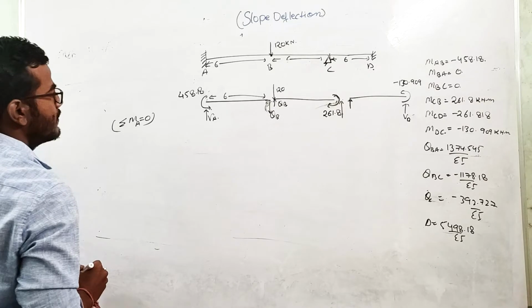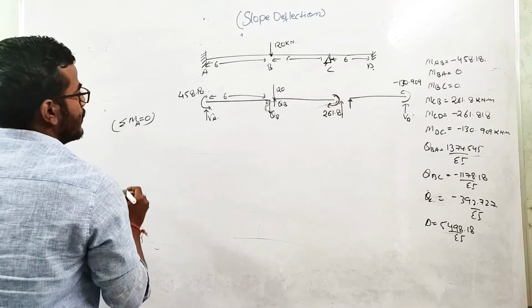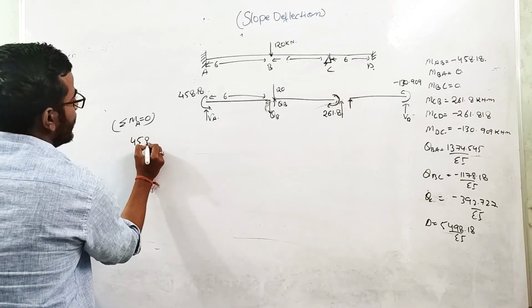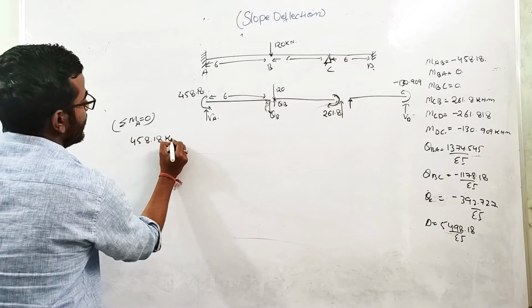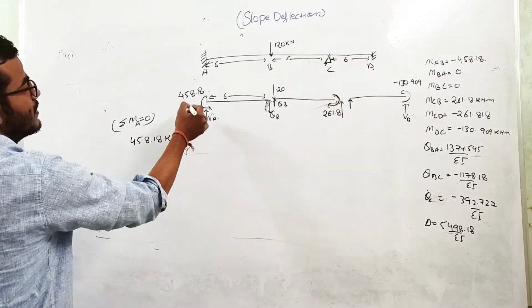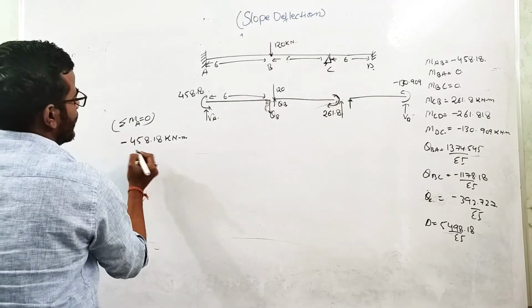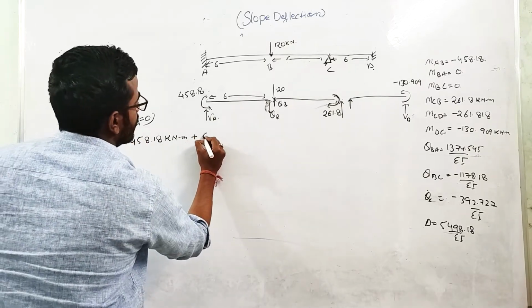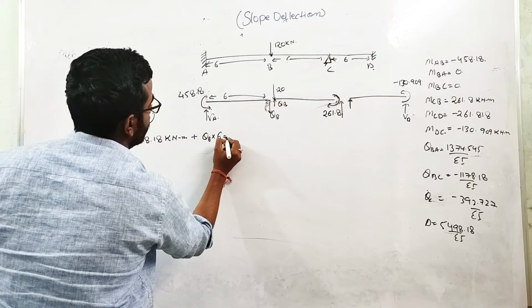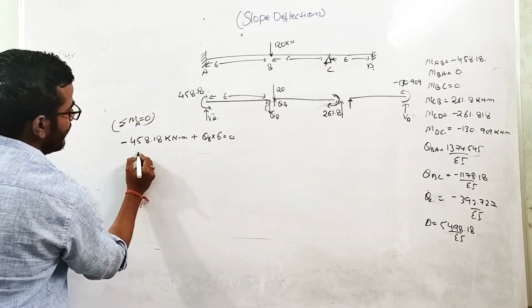From here, I can write 458.18 kilonewton meter as negative, since it is anti-clockwise, plus QB into 6 equals 0.